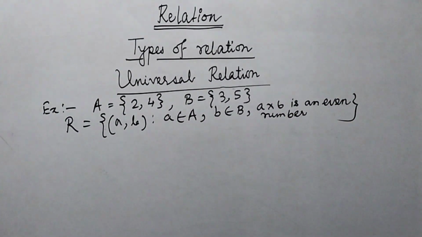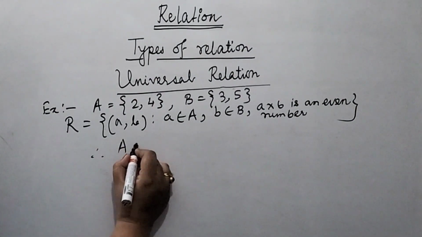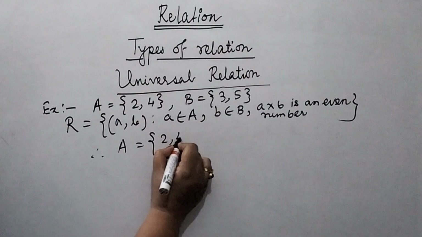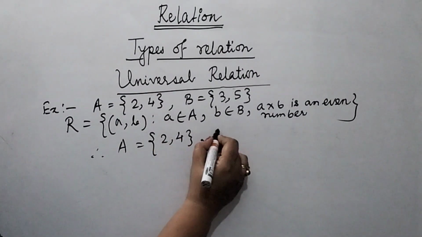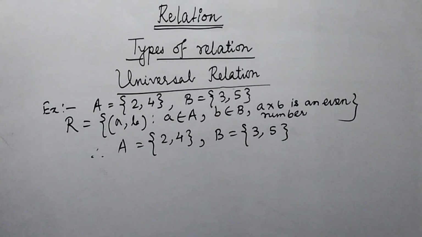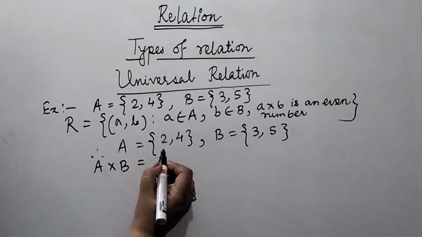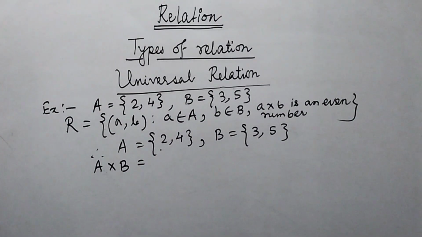Now let's see what is the structure of R in this case. So here we get A is containing the elements 2, 4. B is containing the elements 3, 5. Right? So what about A cross B? Obviously the elements will be in the form of ordered pairs, right?